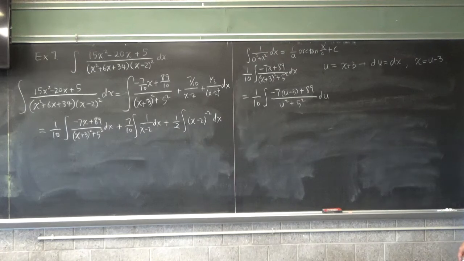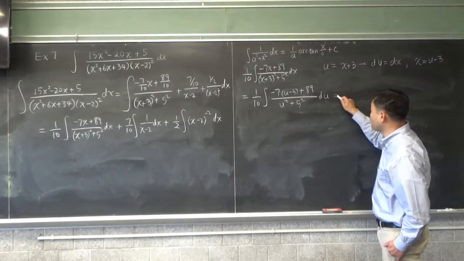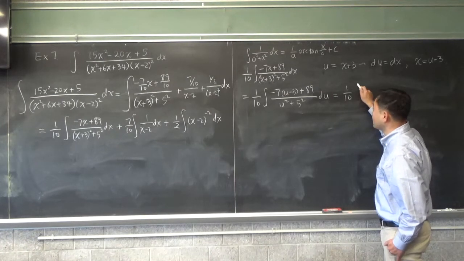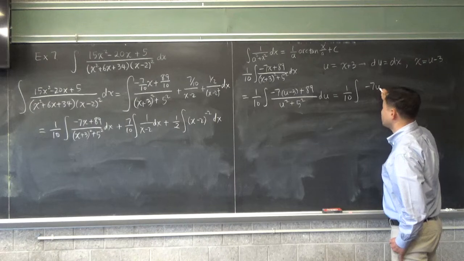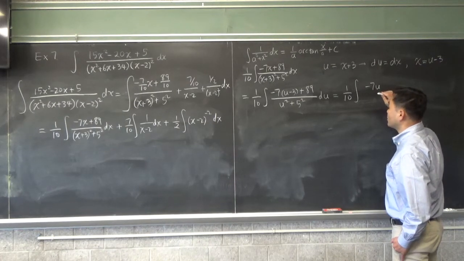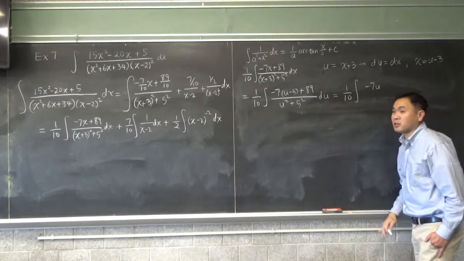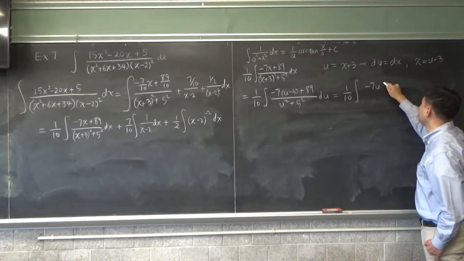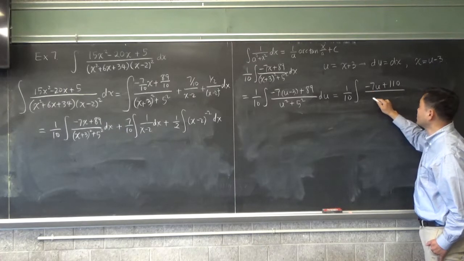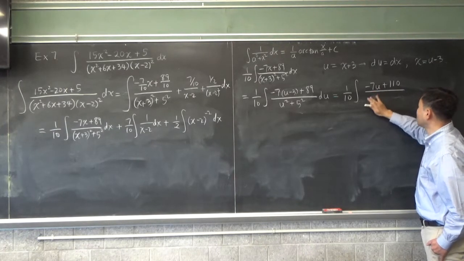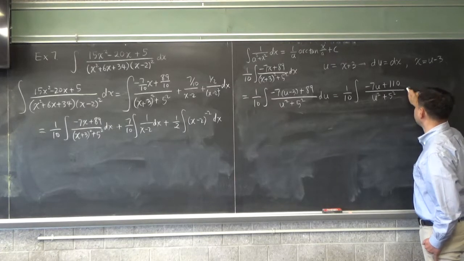Okay? So we've managed to do the u substitution. Let's simplify before we integrate. This will be negative 7u. Negative 7 times negative 3 is 21. 21 plus 89 would be 110 over u squared plus 5 squared.